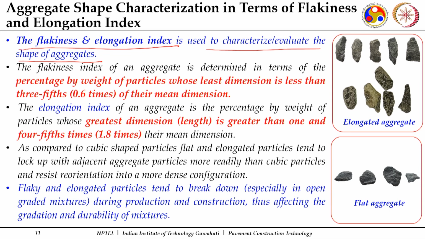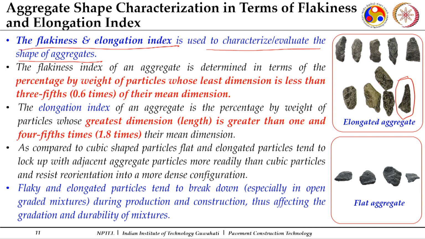The aggregate should not be elongated or flaky, very thin, because if it is more elongated it may break down, and if it is thin enough, then also it can break down.